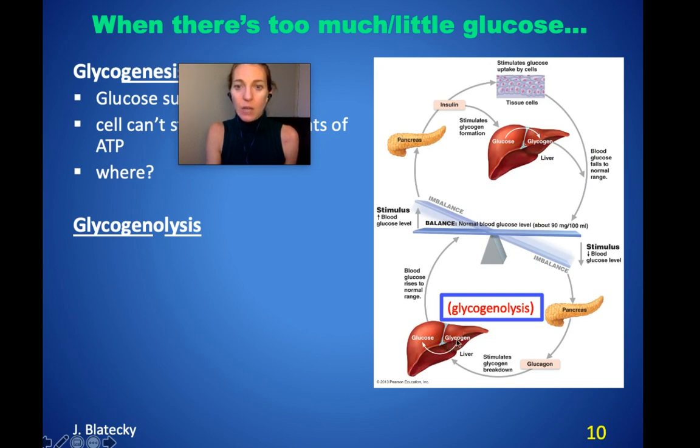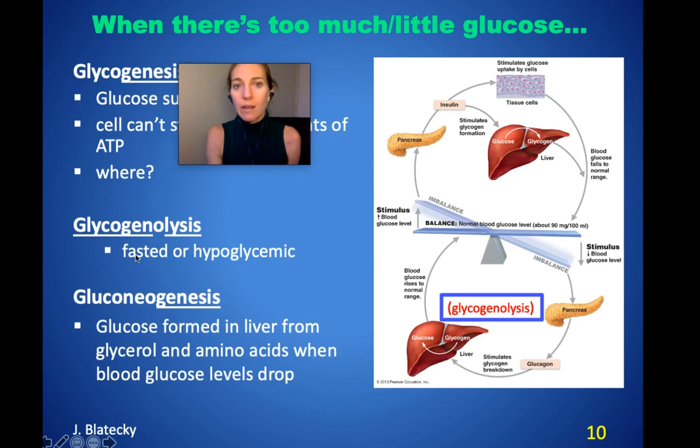The glycogen will be broken down, will be lysed, and we'll get glucose released into the bloodstream. So it brings blood glucose back up. We are saying glycogen, and then we've seen this root word a lot, lysis. It means to split. So we are splitting glycogen. Makes sense. And we are only going to do so in situations where we maybe are a little bit fasted, or we are just generally hypoglycemic, where our blood sugar has fallen.